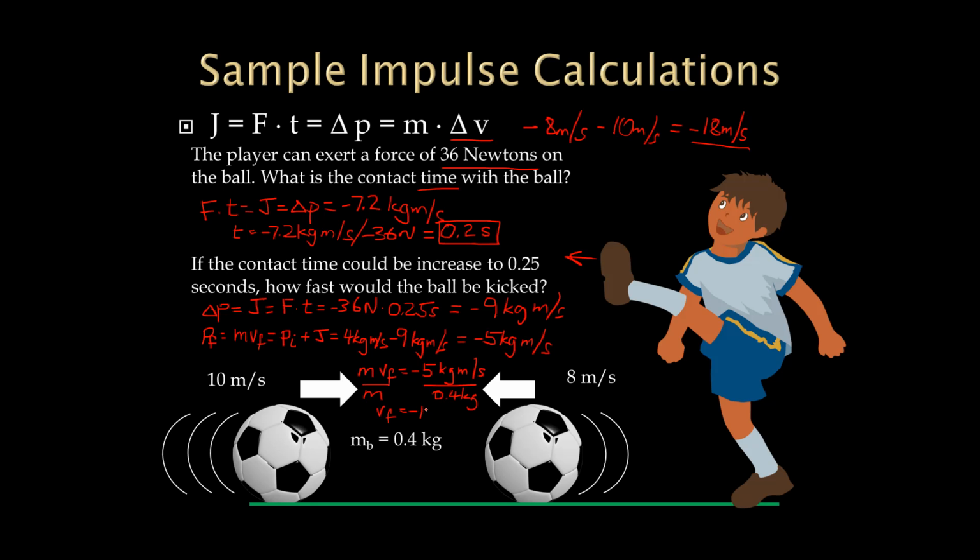You get minus 12.5 meters per second. So by improving our form without getting any stronger, our soccer player can now kick the ball at a speed of 12.5 meters per second, or velocity minus 12.5 meters per second. That's going to the left.